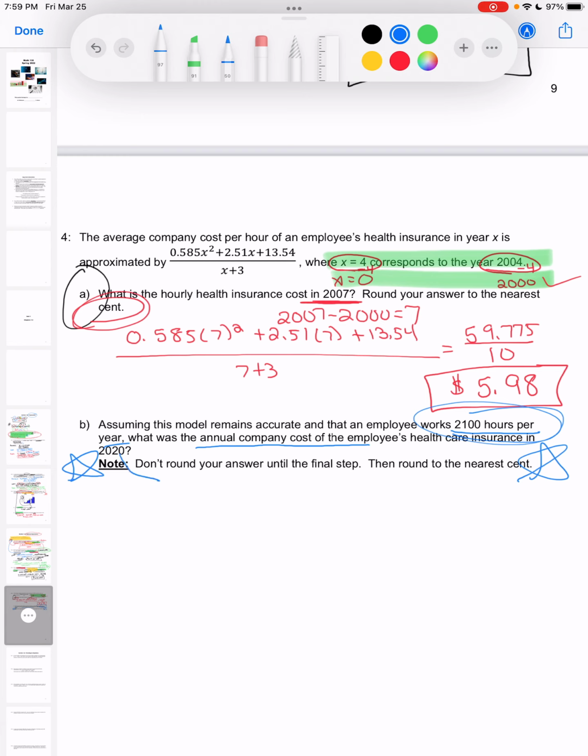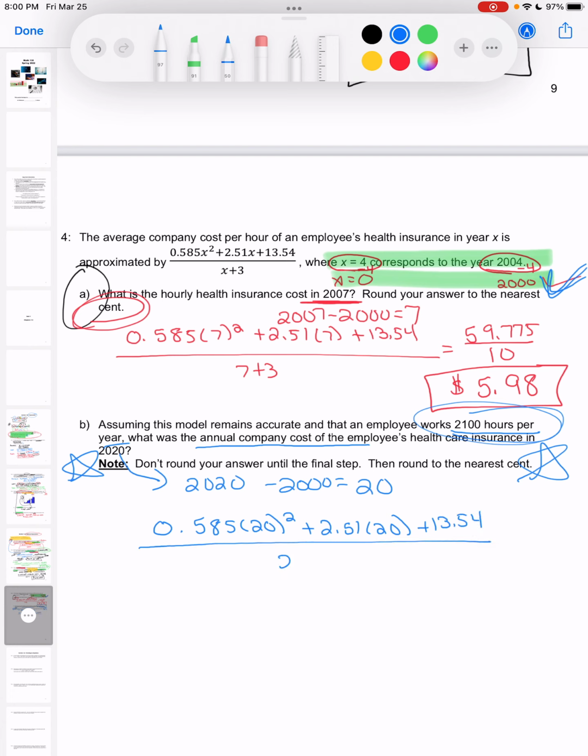So the year we were asked about was 2020, and remember we're starting in 2000. So I'm going to plug in 20. And that cost function, that average cost function, I was given way back in the beginning of the directions.